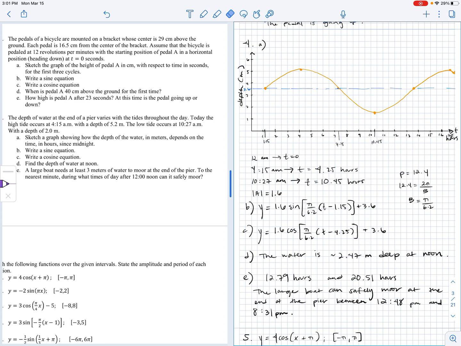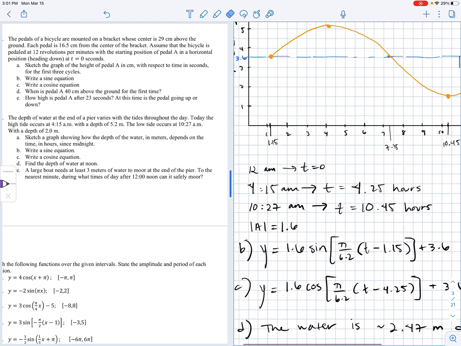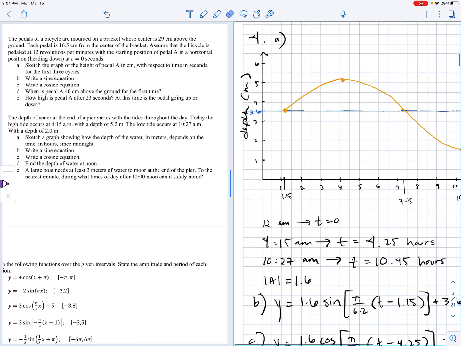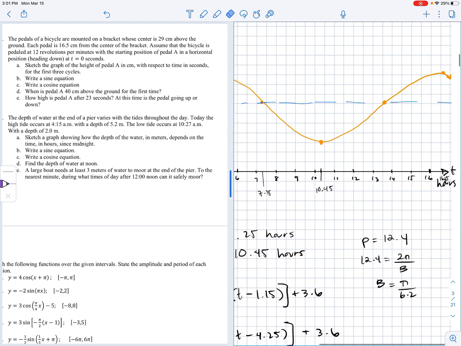So basically what you want to figure out is in what range, what time frame after 12 noon will the water be at least 3 meters deep. So that means after 12 hours have passed, right?